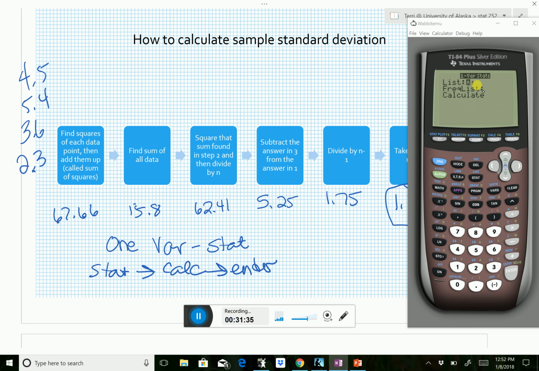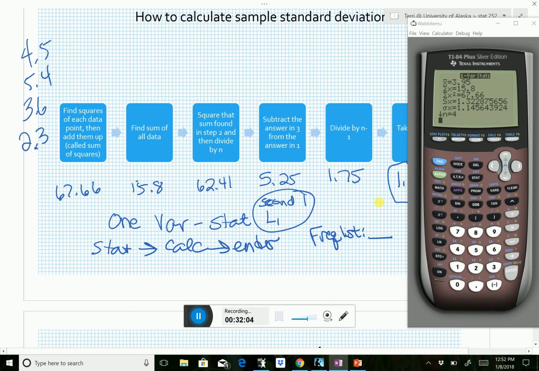I want list 1 because that's where my data was. Frequency list, leave it blank for now. And hit calculate. And this is what you would do if you don't get the menu: you just put L1 by second 1 right here.